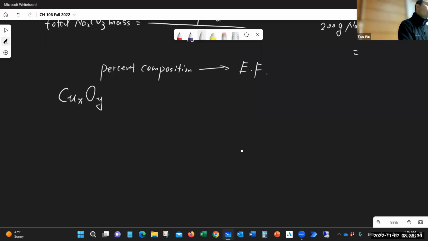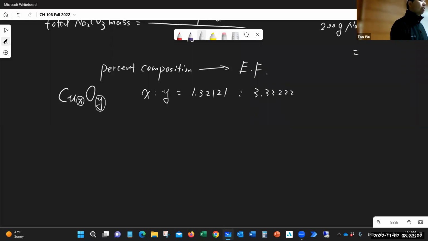You don't know what X and Y are, so generally you try to figure out the ratio between X and Y. We try to make those ratios whole numbers. This is the most important thing. So X versus Y cannot be equal to 1.32121 versus 3.33222. This doesn't work. You have to make it a whole number.